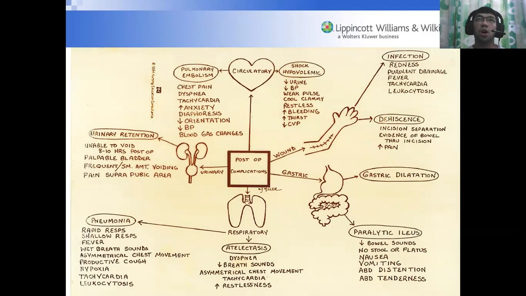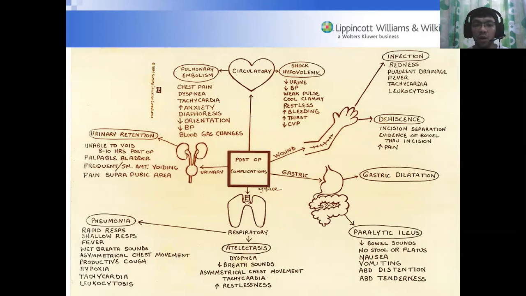That's why post-op, if the patient is already at the surgical unit, we need to ask the patient if the patient has already either voided or passed stools, or if the patient has already farted, for example. Because if they haven't passed stools or voided, then we need to treat either urinary retention or paralytic ileus.